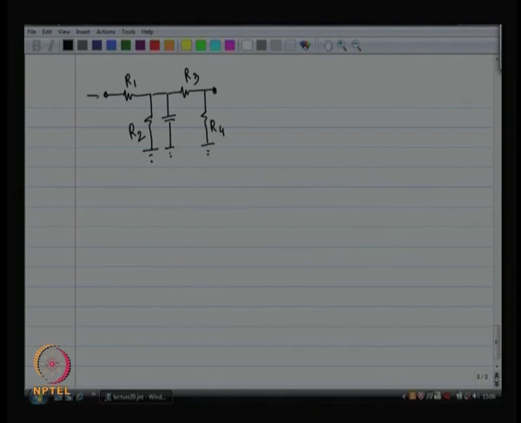First of all, input is 0. Then you replace R1 with its equivalent noise model. You assume R1 is noisy, everything else is noiseless. You put your noise source over here, which has a value of 4 kT R1 times df. Find out what is Vn squared at the output because of that one noise source. It is going to go through the transfer function of the entire circuit.